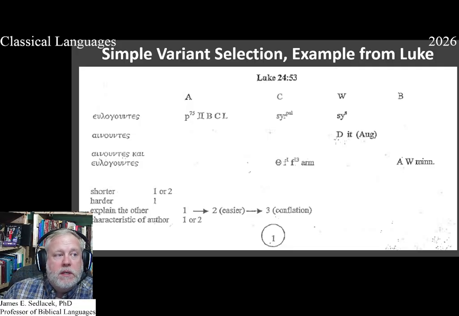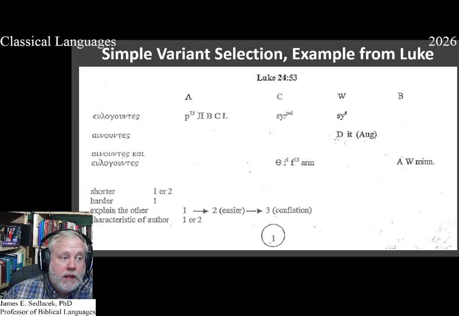When you read Eloguntes in the text, it is harder to explain its existence than Ainuntes. So the student here decided Eloguntes is the harder one. Maybe Ainuntes was a reading that was inserted later because it was easier to read. Possibly.